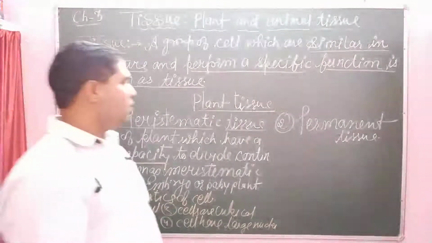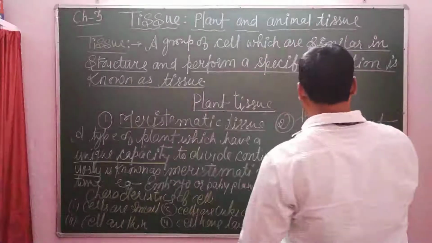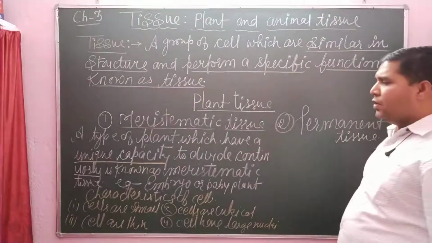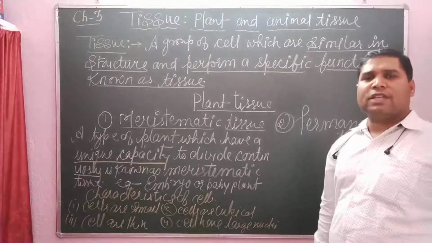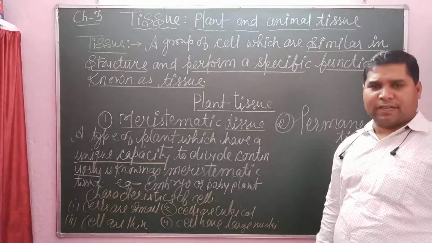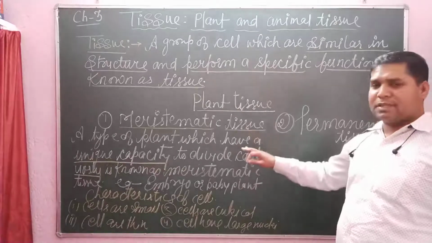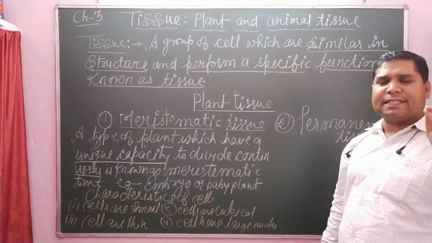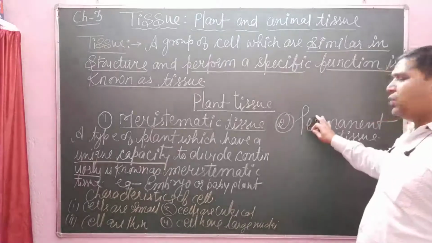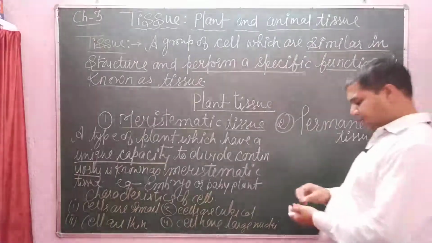Next, what do you mean by the permanent tissue? When meristematic tissue loses the capacity to divide, it assumes permanent shape and size, known as a permanent tissue.